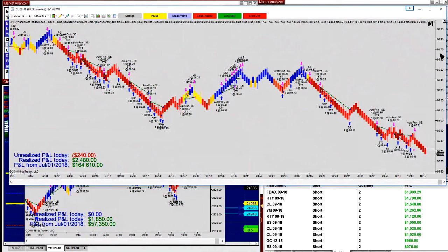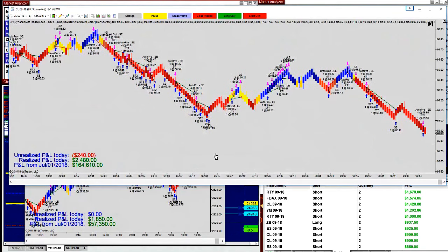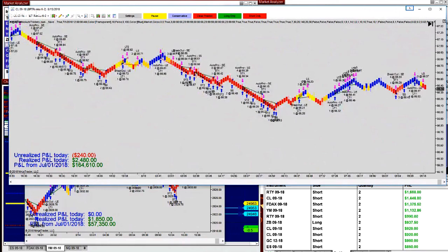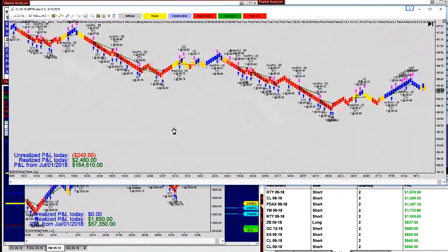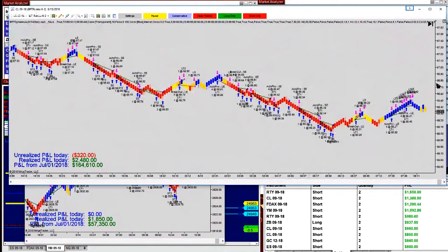NinjaTrader is in minutes, it's not in some other kind of unit. So now we have covered ourselves: from 880 to 2,480 on a Renko bar because it moved. On top of that, you will never find a losing trade.